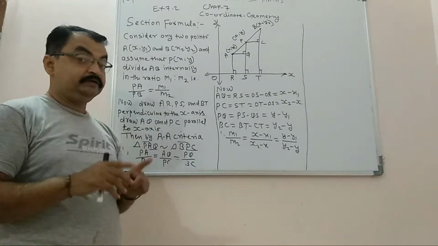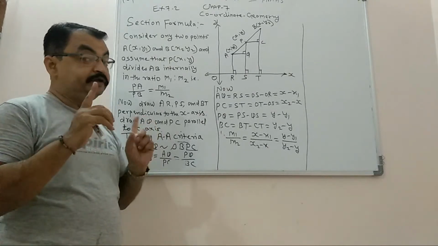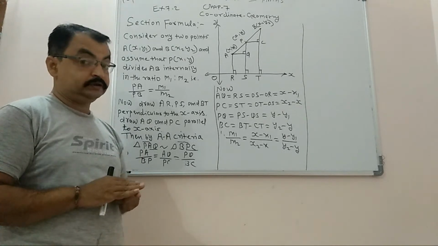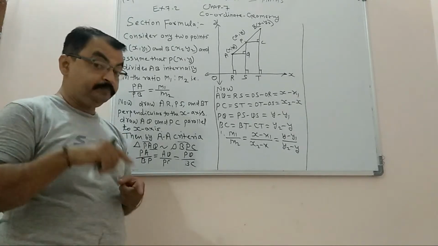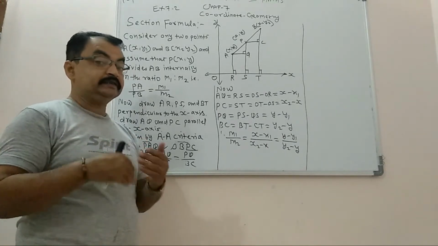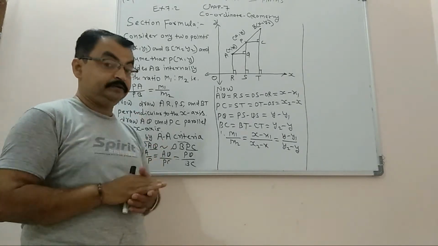See children, my word is given line segment. That means two end points are fixed over here, so their coordinates must be known to us. Suppose I take the line segment AB.